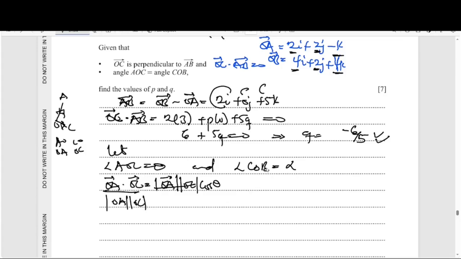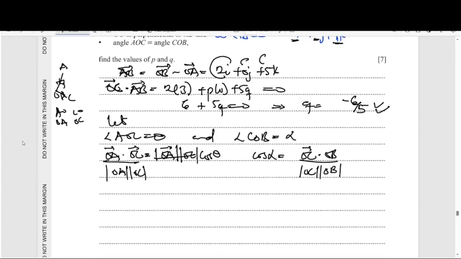Likewise, you do the same thing for alpha, right? And then you get that cos alpha is equal to OC dot OB divided by the magnitude of OC times the magnitude of OB, right?